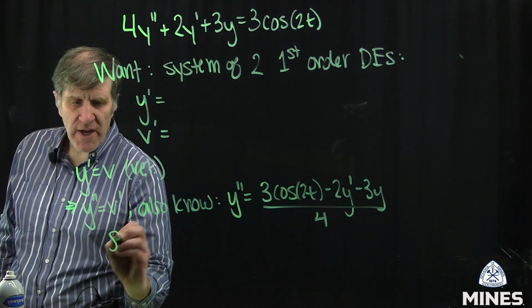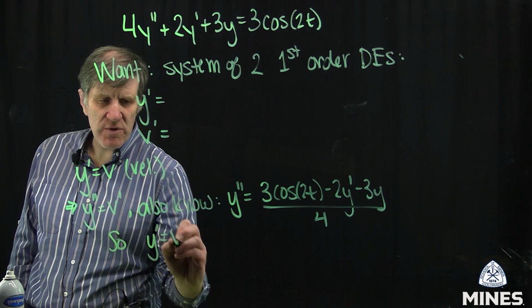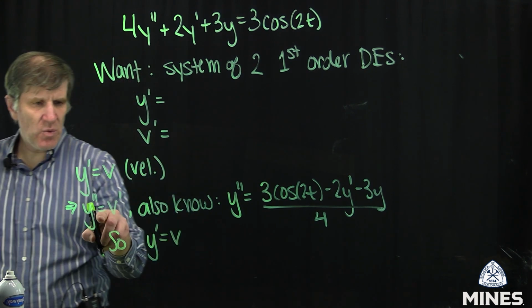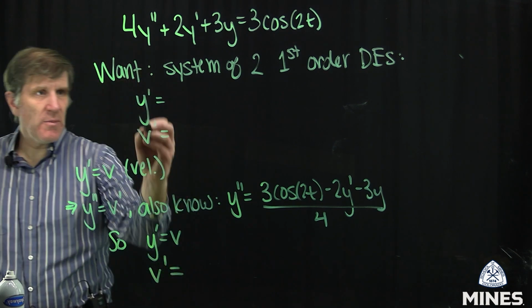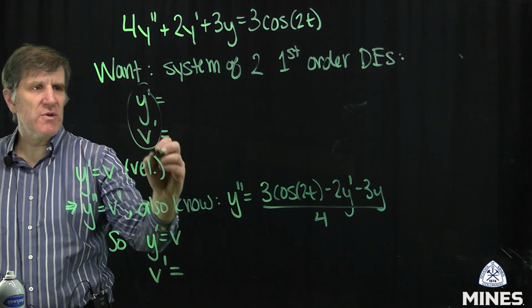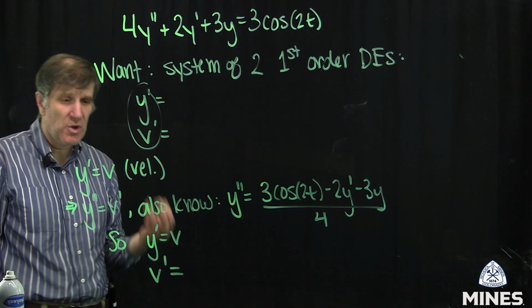So we can now write our system of differential equations. Y prime equals v, and y double prime, which is v prime. Remember, that's what we wanted: a y prime equals something and a v prime equals something. That's what a system of first order differential equations looks like.